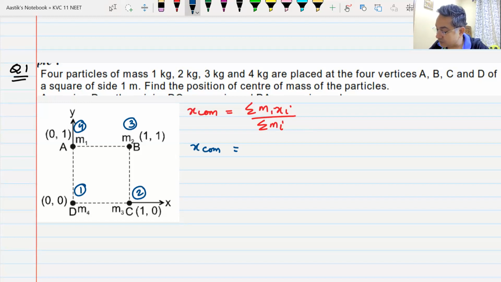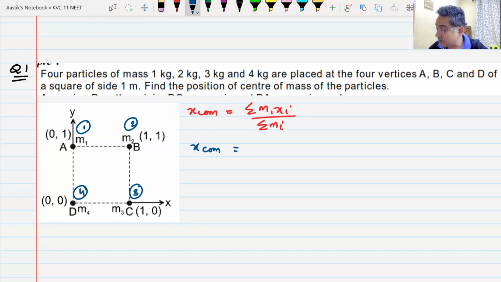The mass of this body is 1 kg, this body is 2 kg, this one is 3 kg, and this one is 4 kg. So it will be m1 into x1.